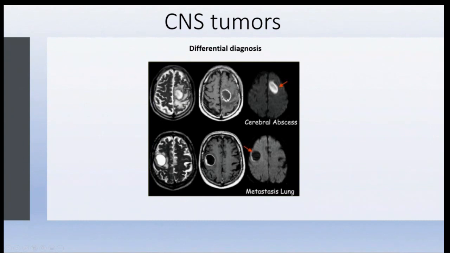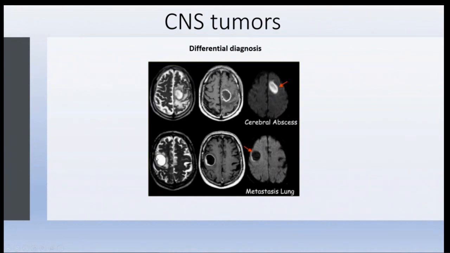Then we have a ring-enhancing lesion, which is usually very typical of glioblastoma multiforme or metastases. Okay, but when we do a special sequence on the MRI scan, which is called diffusion, we can see that this is restricting, which means it is hyperintense, and this is not similar to the CSF signal, which means this has a high protein content, and this is usually very typical of cerebral abscesses. So the first differential diagnosis of a glioblastoma multiforme or metastases is a brain abscess.